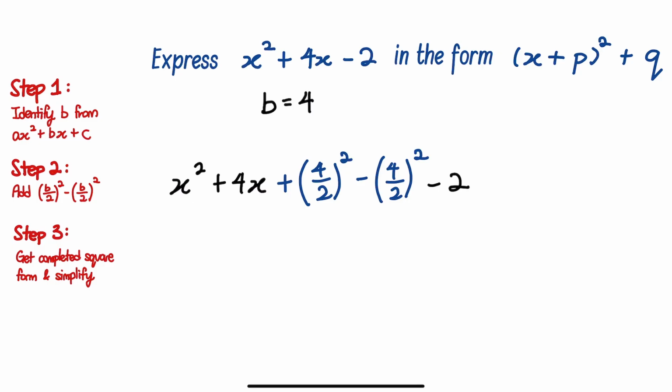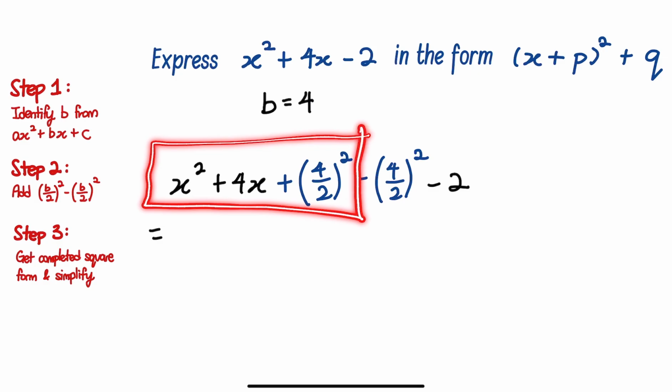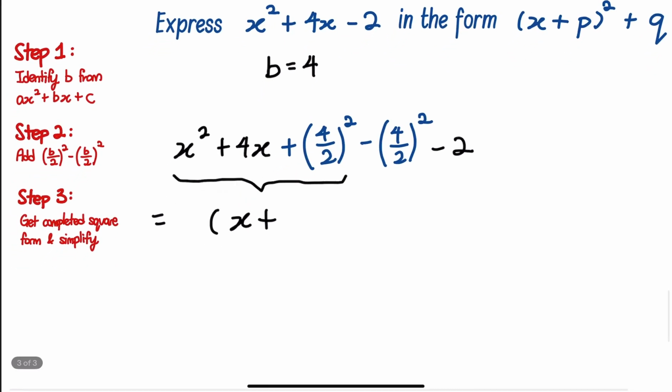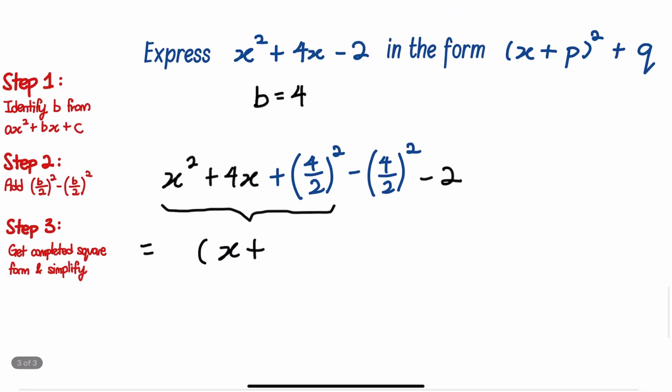I can now move on to the last step, step 3, which is to get the completed square form directly and simplify. The first 3 terms here can combine into x plus 4 over 2, the whole thing squared.